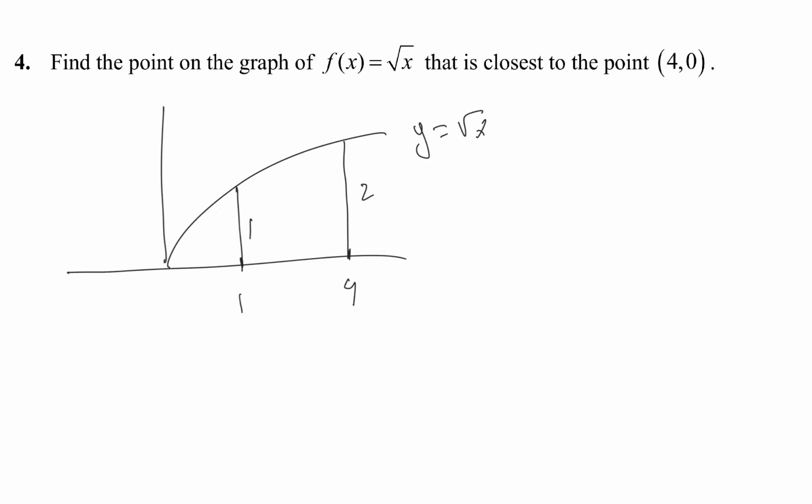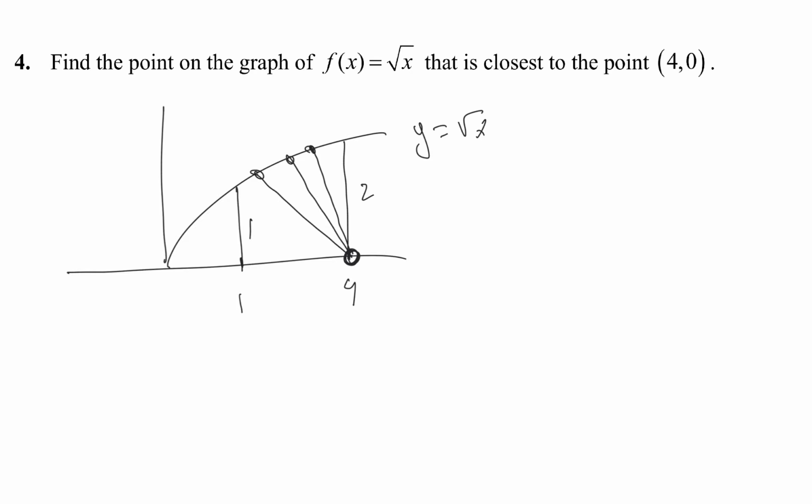So I have the point (4, 0), which is this point. And I want to find the nearest point, the closest. So which one will be that is on the curve? This one, or this one, or this one? Where is the nearest point?